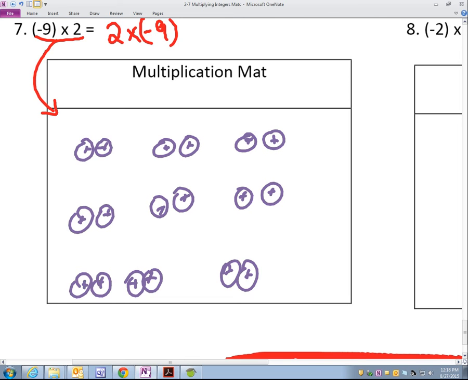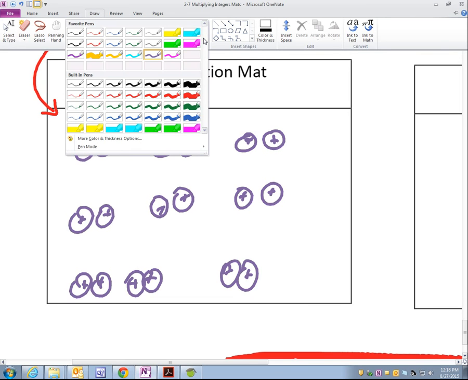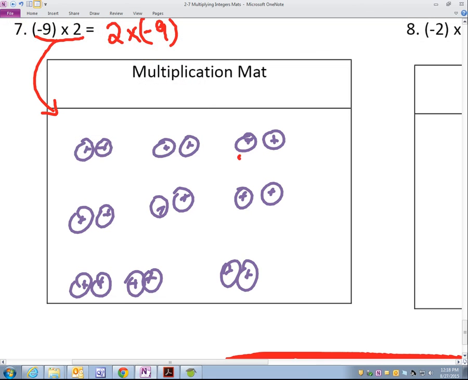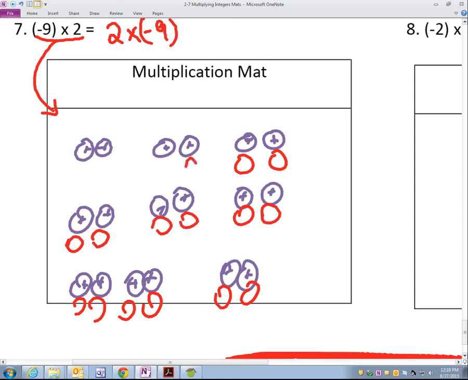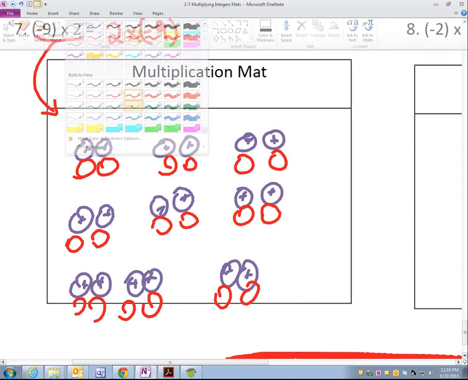Okay. Then I have to create my negatives. I'm not going to put a negative sign in there because we're pressed for time. I've created them, now I have to get out the green team.